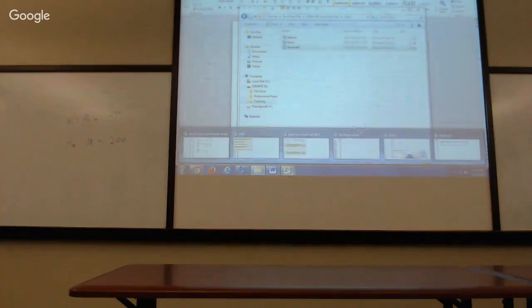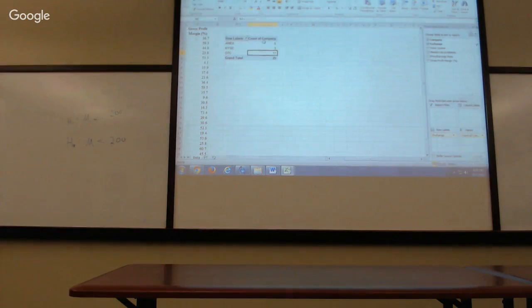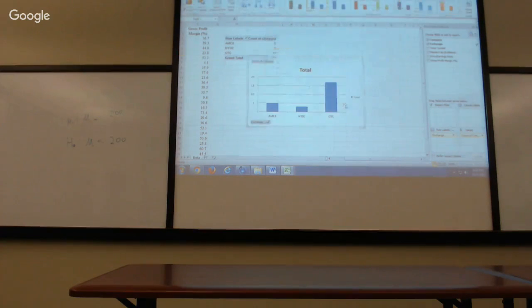So going back to, we want to go back, if he wants us to make a histogram, we go options, and then we can go pivot chart. Let's click on a nice bar graph. And so now we have a histogram.